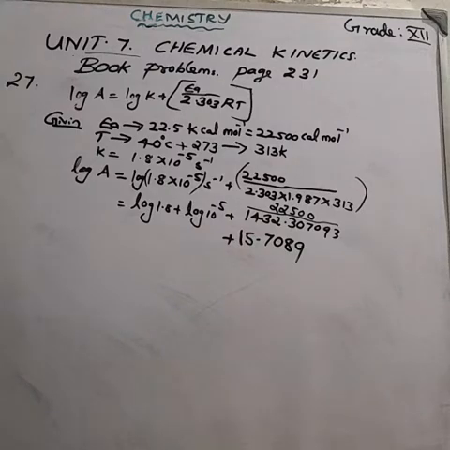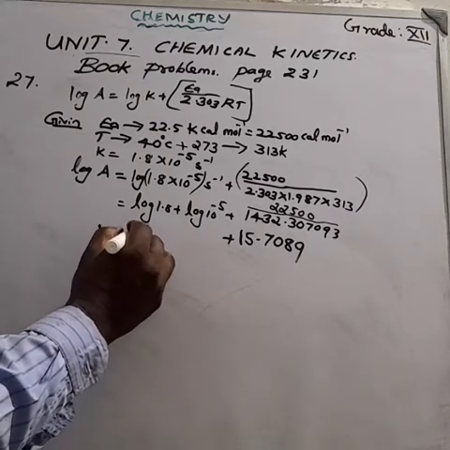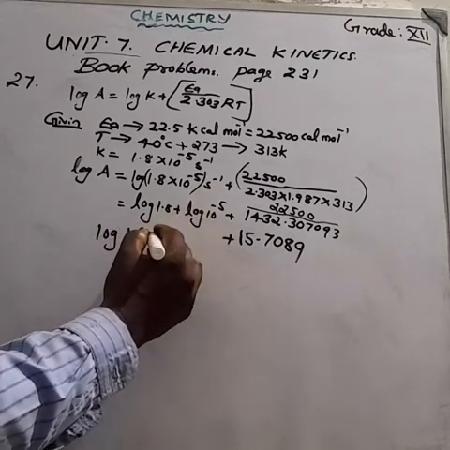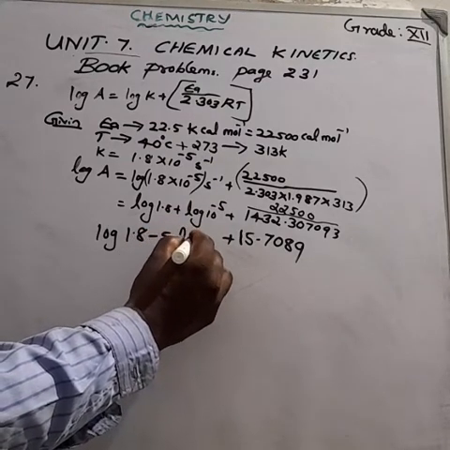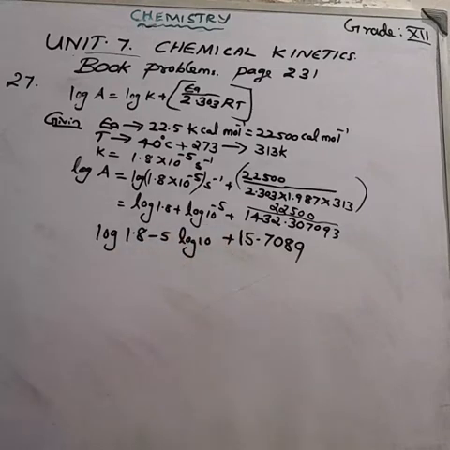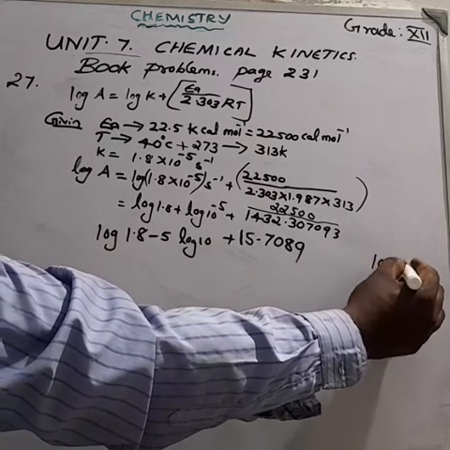Next I am going to write the next step. Log 1.8, this 5 I am taking here, minus 5 log 10, plus 15.7089. All of you know that log 10 is equal to 1. Am I right?